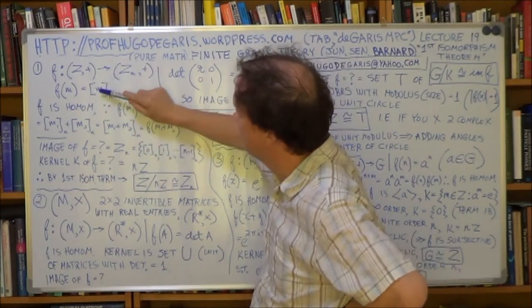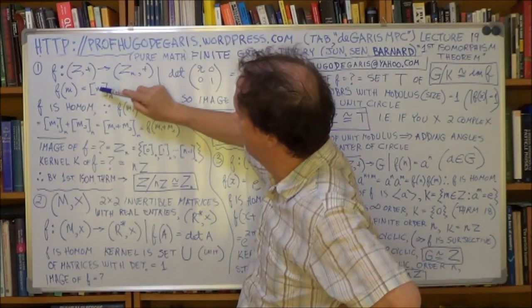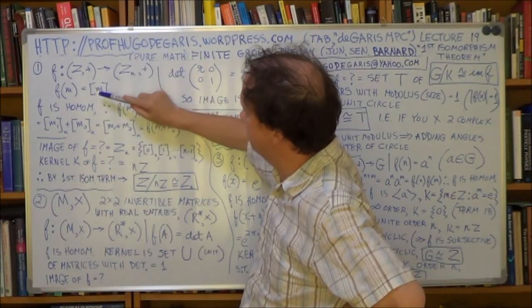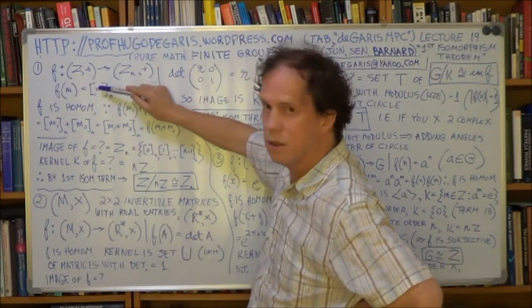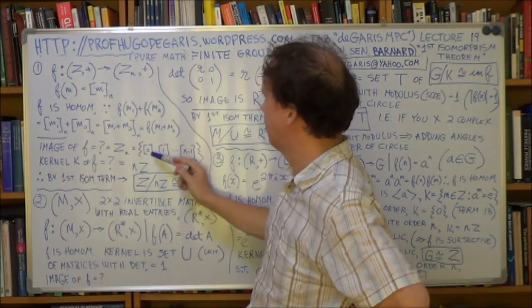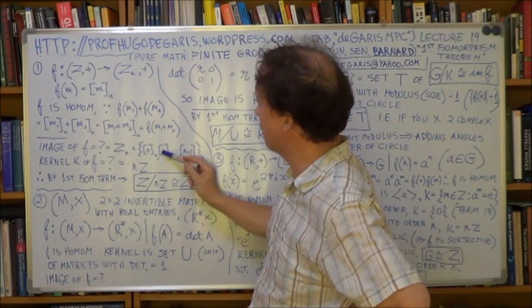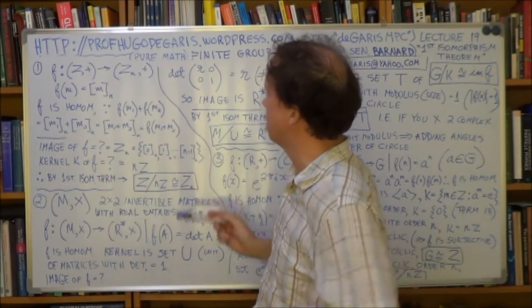So you could have 0, 1, 2, up to n minus 1. These residue classes are all the possible values.